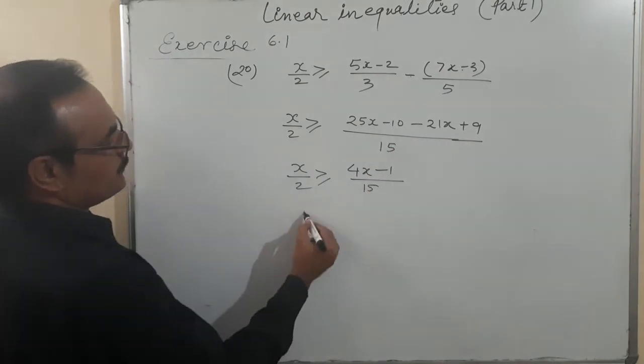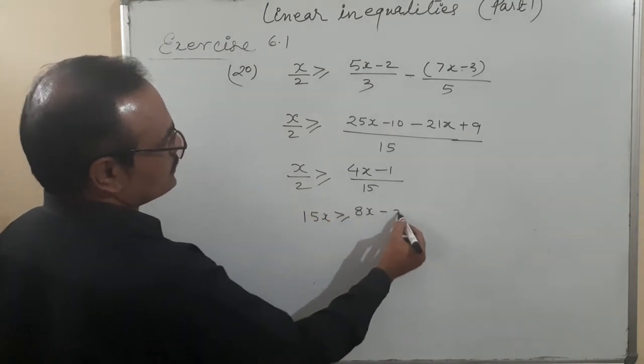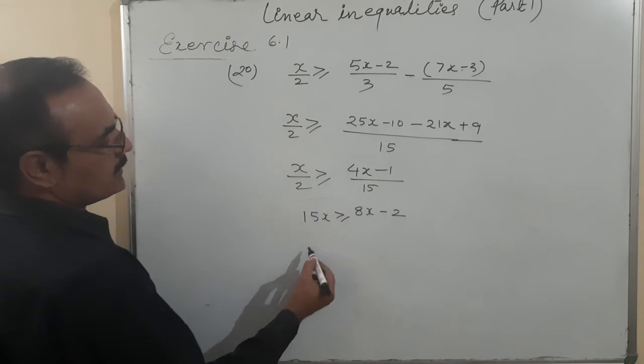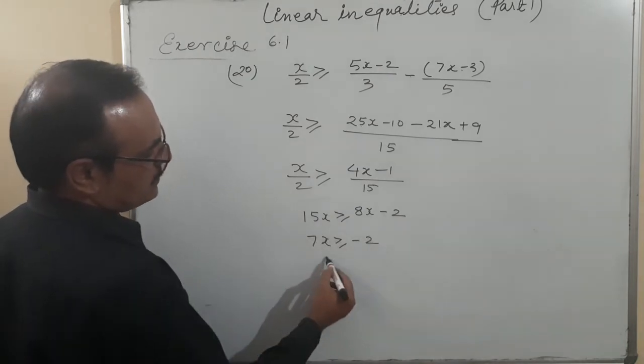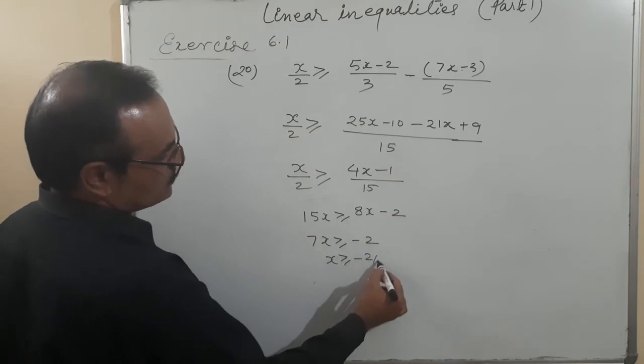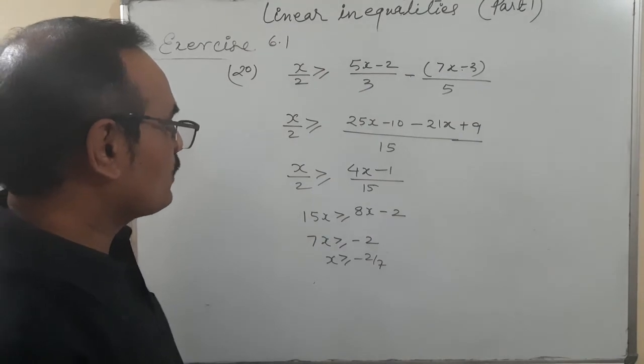So 15x is greater than or equal to 8x minus 2. 15x minus 8x, 7x is greater than or equal to minus 2. So x is greater than or equal to minus 2 upon 7.